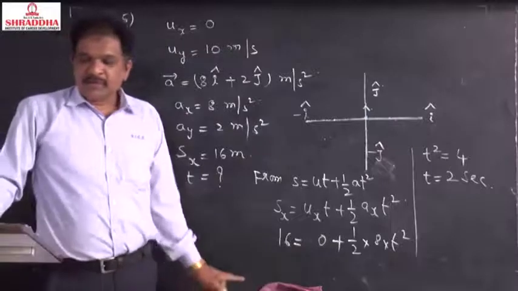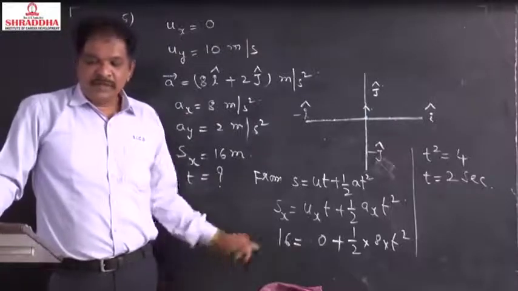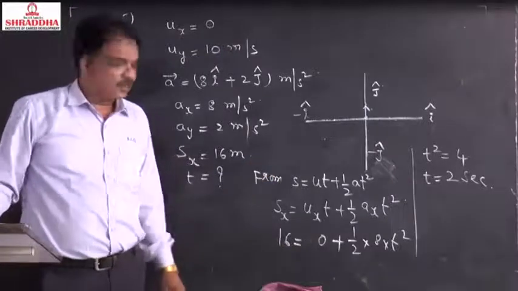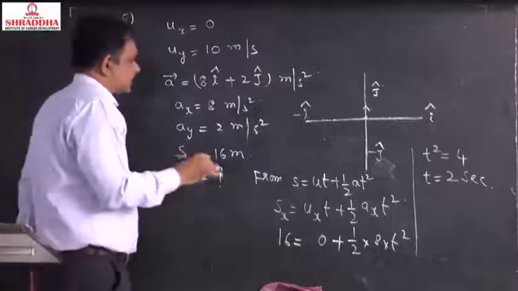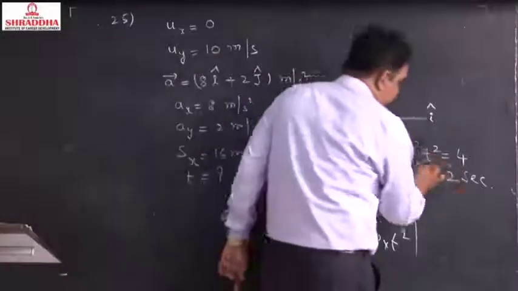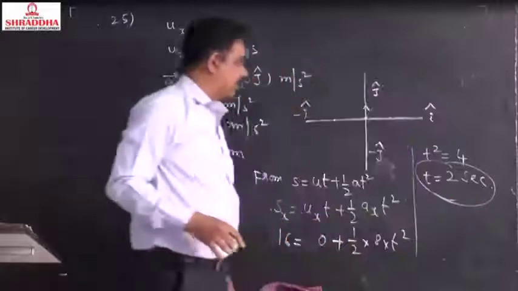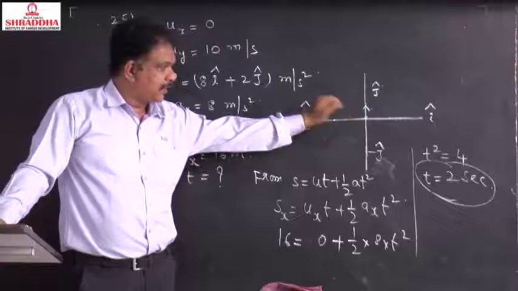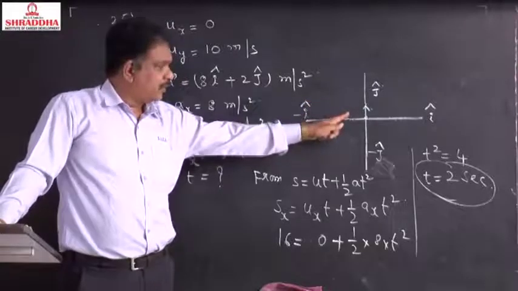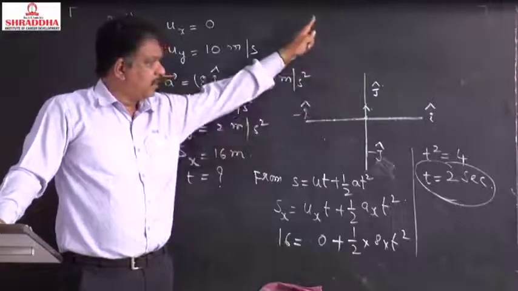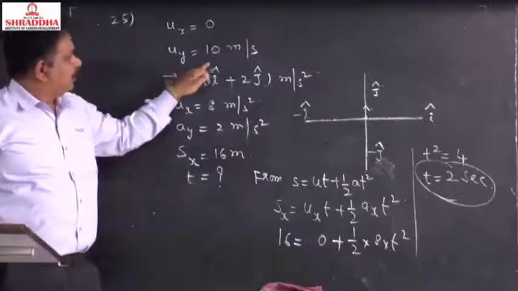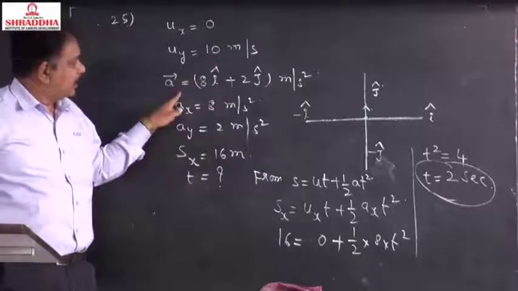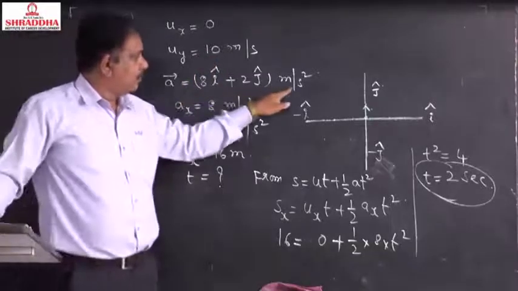Okay. So after what time its x coordinate will become 16 meter, means after 2 seconds its x coordinate will become 16 meter. Once again see, particle is there, it is at rest. Now initially it starts moving along the y-axis with a velocity of 10 meter per second. Its acceleration is in the xy plane.